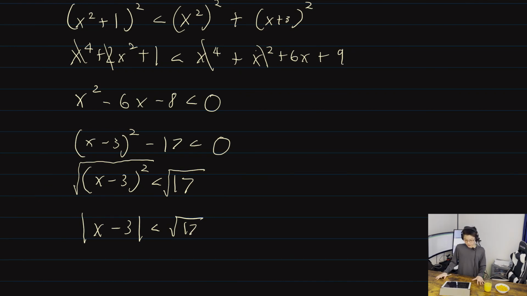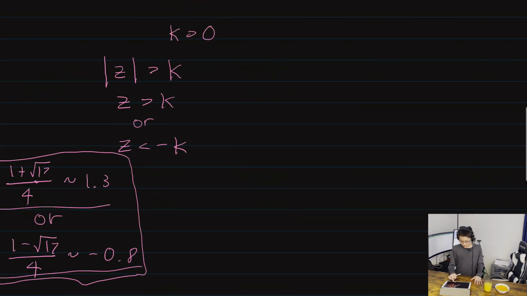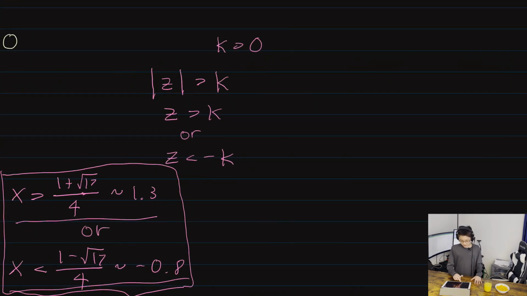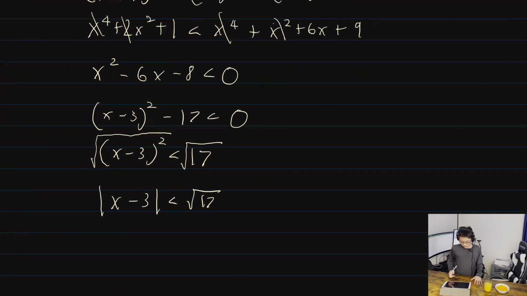Okay, so we're almost done, and we could just take what we did before up here and do the same thing. So this would just be negative square root of 17 is going to be less than x minus 3, and square root of 17 is going to be greater than x minus 3.